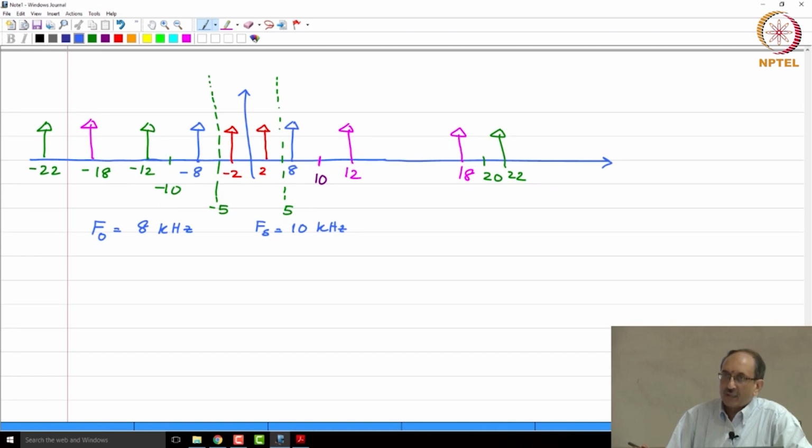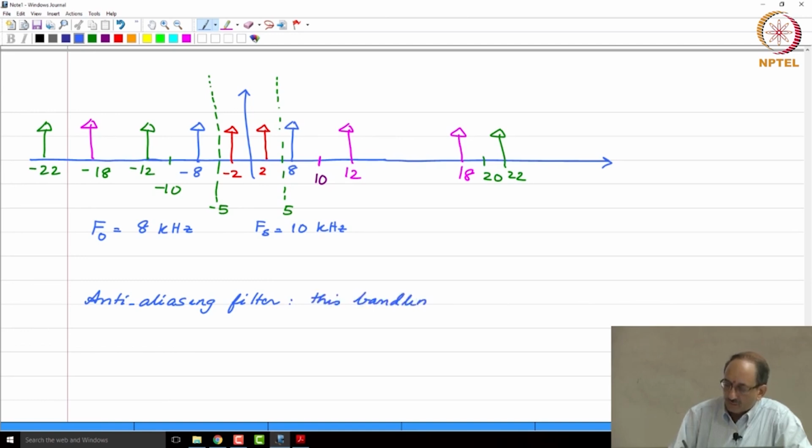One way to avoid aliasing is to use what is called an anti-aliasing filter. What it does is it band limits the input signal.